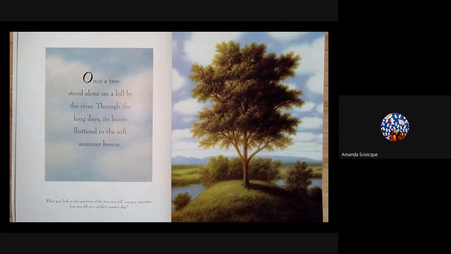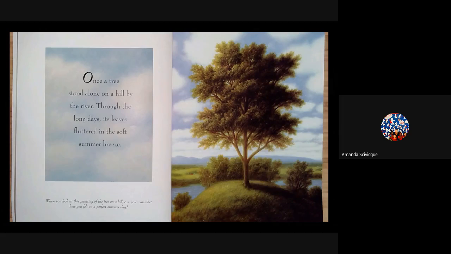Before I read the text out loud, look closely at the painting. What do you see? What does the tree look like? Tell your learning partner, or tell me. Now listen closely to the words or follow along in your own book.